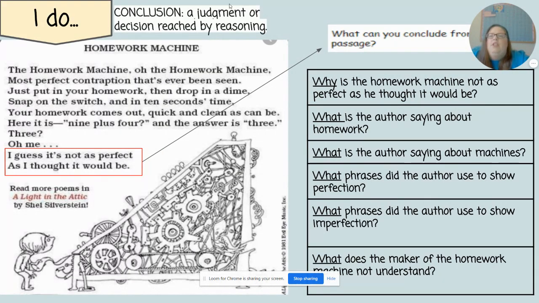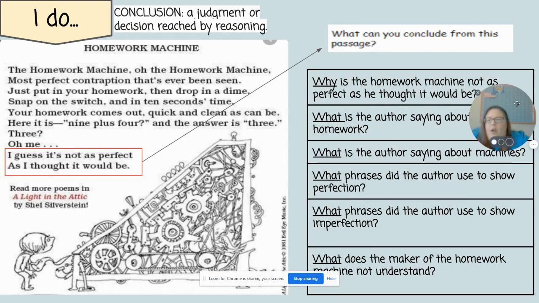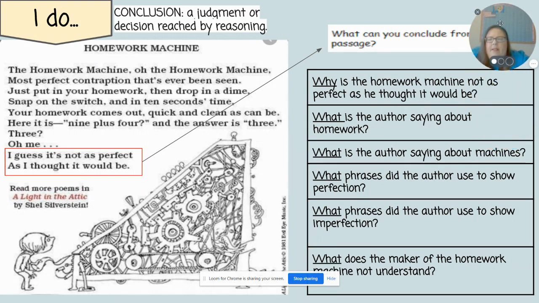So a conclusion is a judgment or a decision reached by reasoning. So when we're trying to draw conclusions about what we've been reading, we have to ask ourselves questions that help us dig deep. The question that we're asking is, what can you conclude from this passage?